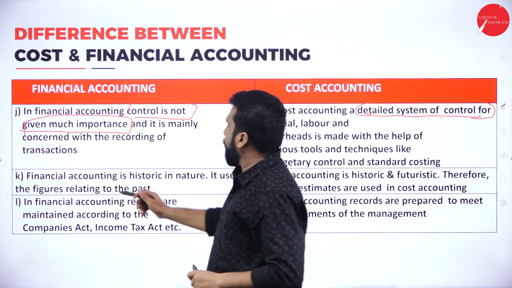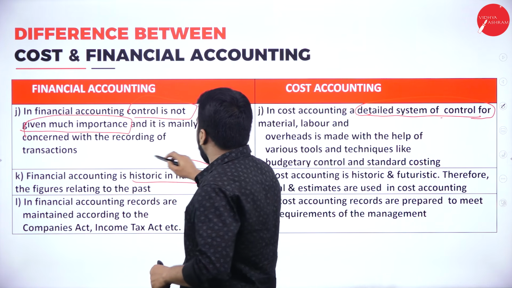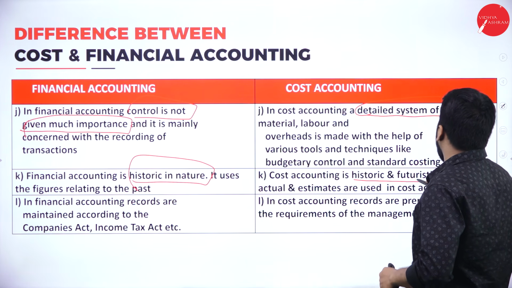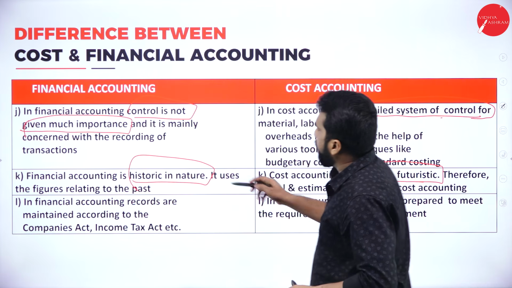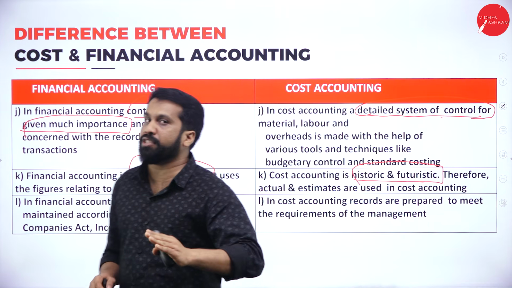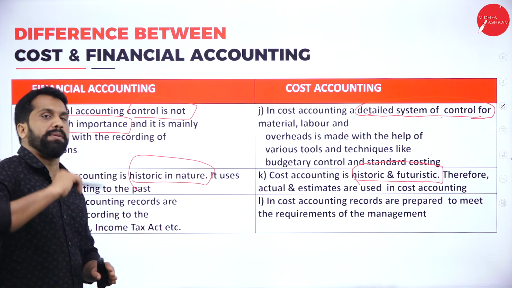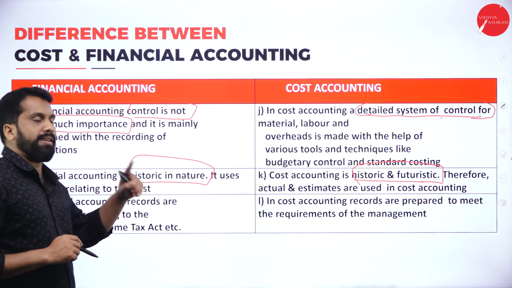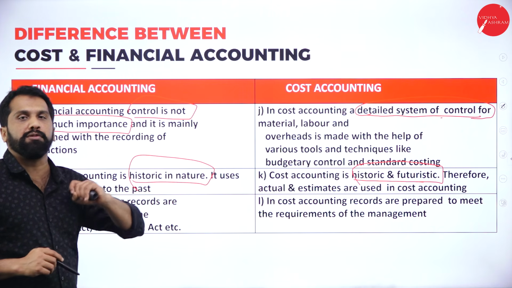Next, financial accounting is historical in nature. Cost accounting is historical as well as futuristic. Historical means old, futuristic means upcoming. Remember, financial is only historical, but cost accounting is historical as well as futuristic.